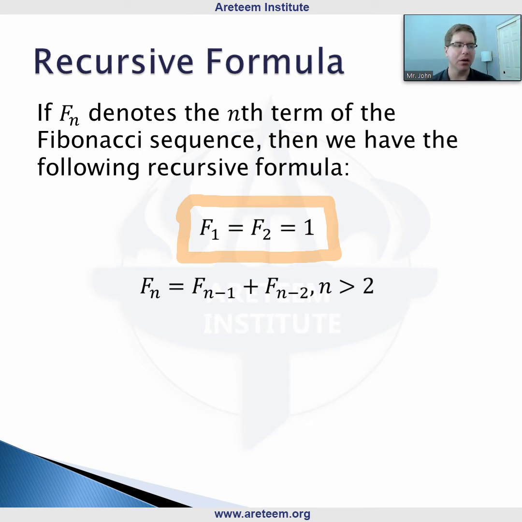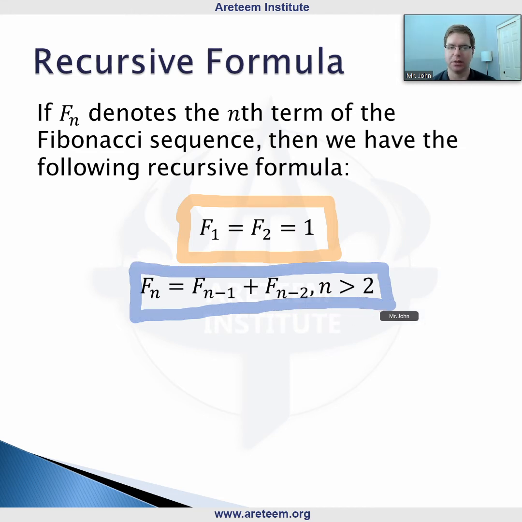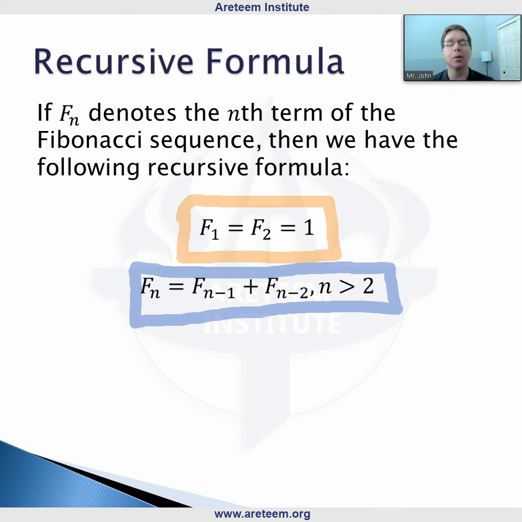And then from there, you have your recursive formula. The next term, fn, depends on the previous two terms. So this depends on fn minus 1 and fn minus 2. So these are the two components we have if we're talking about our recursive formula. It's the same definition as before, but it's good to practice seeing it written out a little bit here with this recursive formula as well.